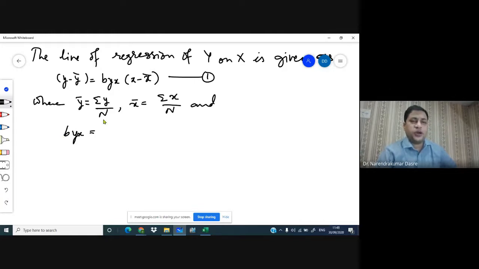What is byx? It is r into sigma y upon sigma x.